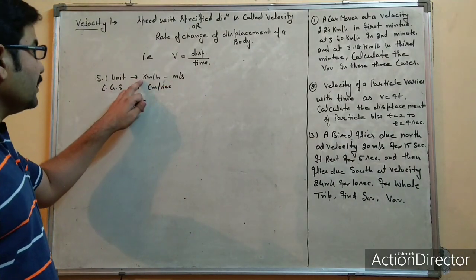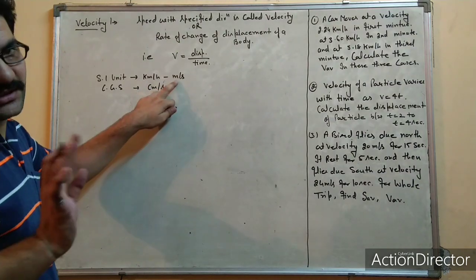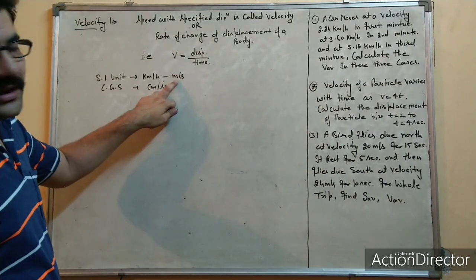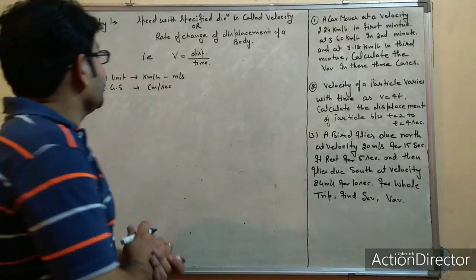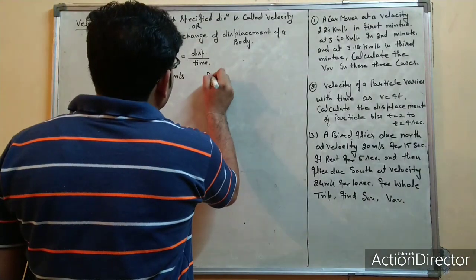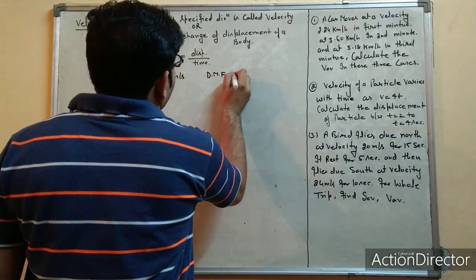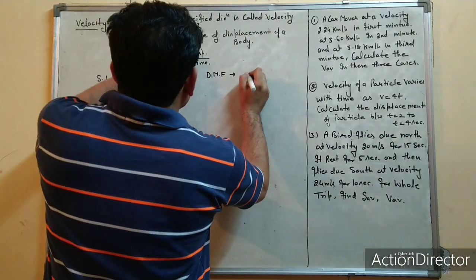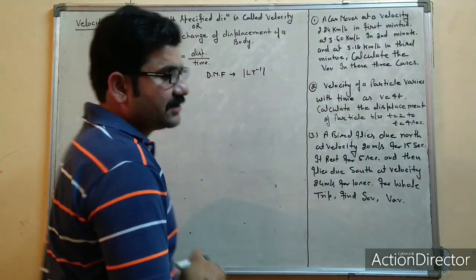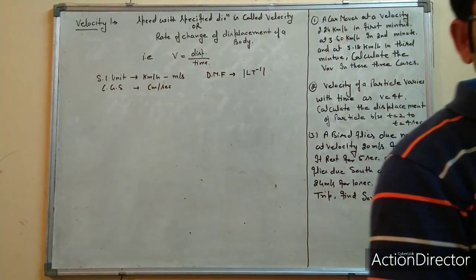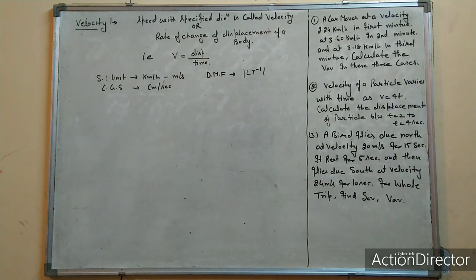Kilometer per hour is the bigger SI unit, and meter per second is the main SI unit of velocity. Now, what about dimension? Displacement has dimension L and time has dimension T, so the dimension is L T minus 1, the same as speed.